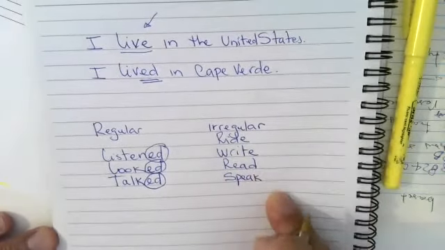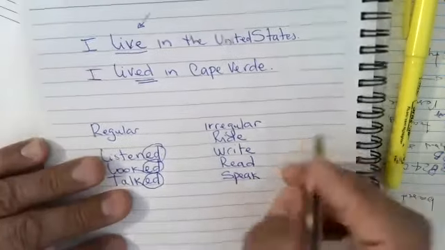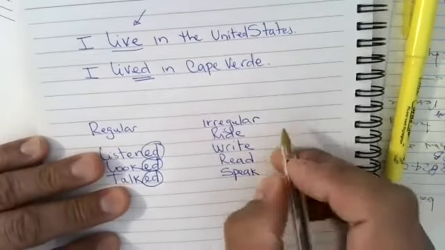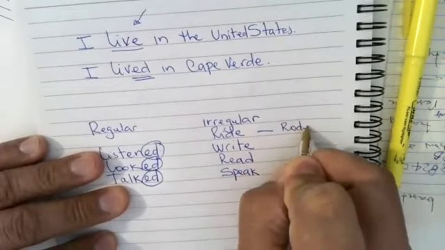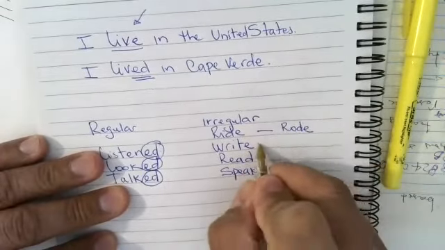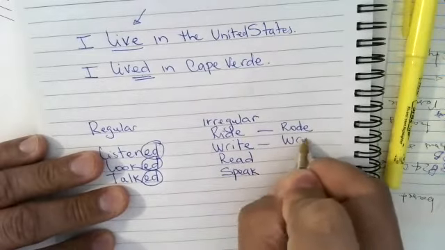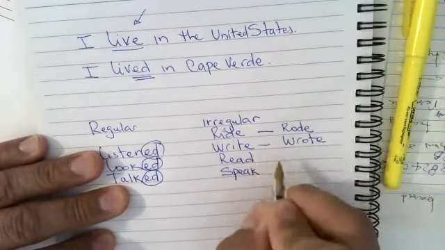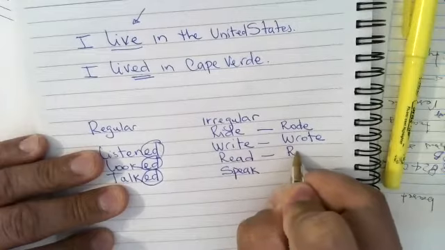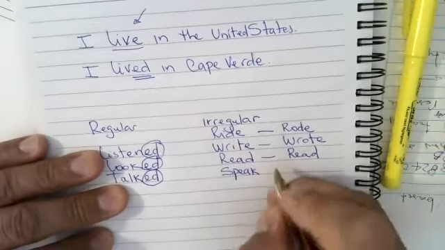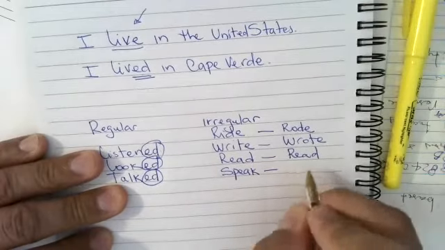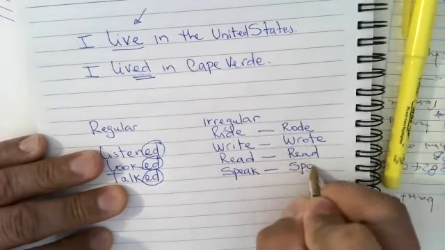These verbs, when I put them in the past, they become different. For example, the past of ride is rode. The past of write is wrote. The past of read is read. Read, I'm sorry. The past of speak is spoke.